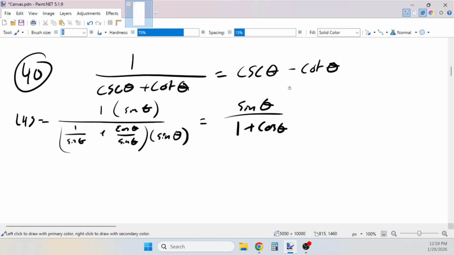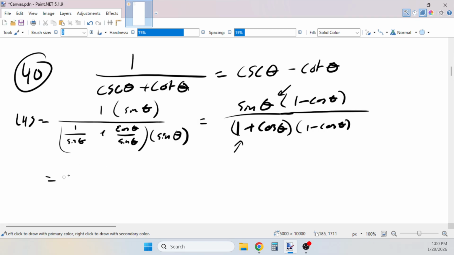I want to split this fraction apart. And I'm looking at this and I think a difference of squares might help me do that. If I multiply on the top and bottom by 1 minus cosine theta, it's going to give me sine theta minus sine theta cosine theta on top, and I have to figure out what to do about that later.